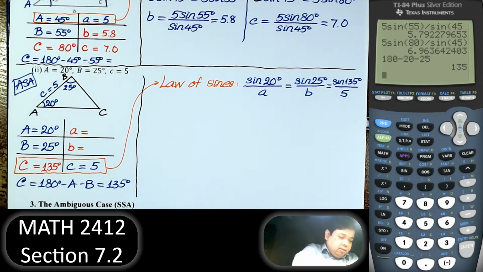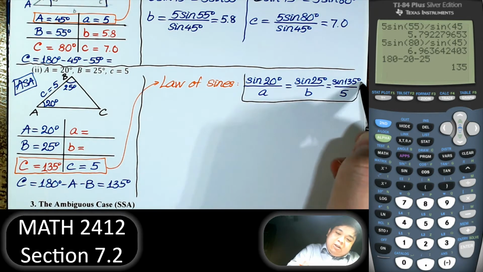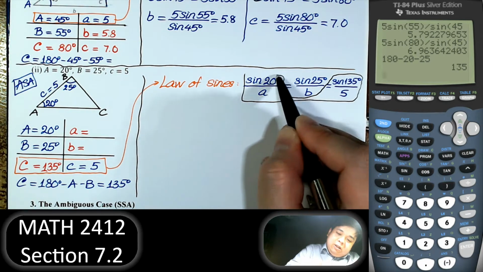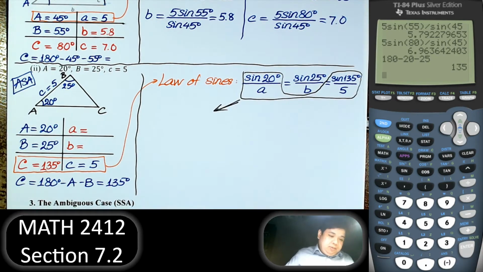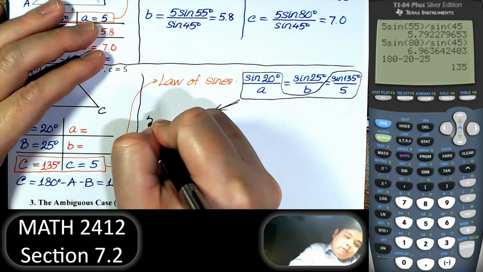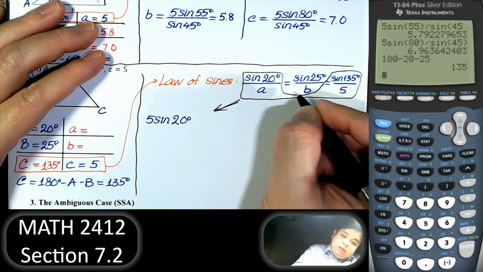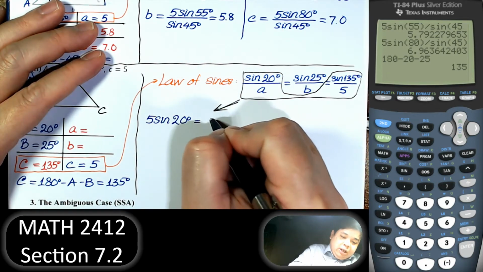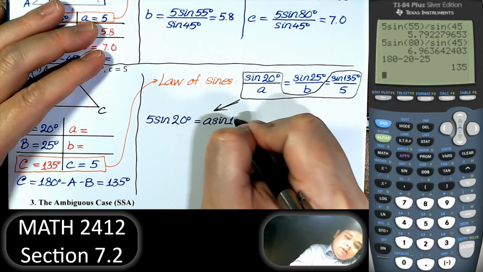Now, let's group the first one and the last one, and then cross multiply. We have 5 sine of 20 degrees equal to A sine of 135 degrees.